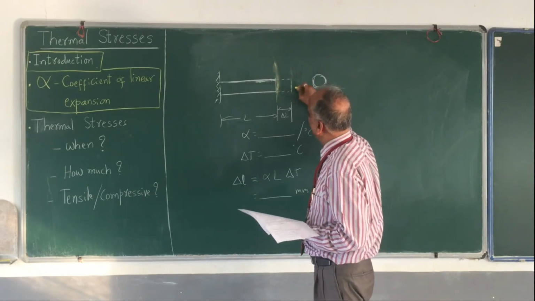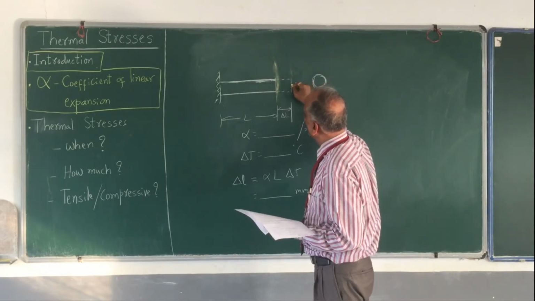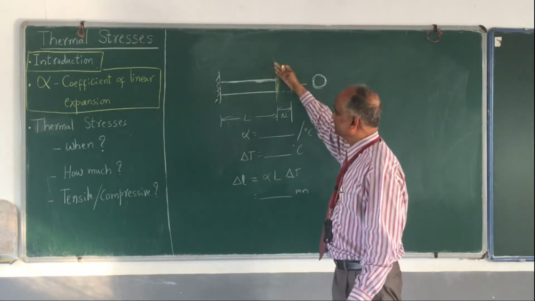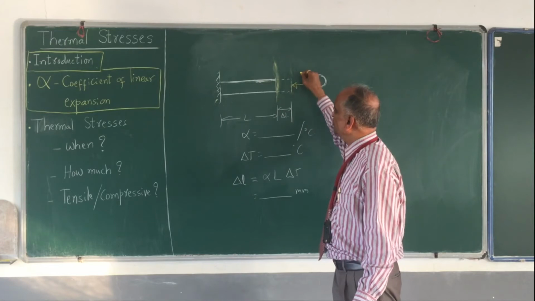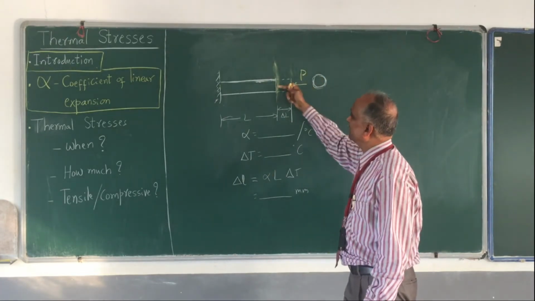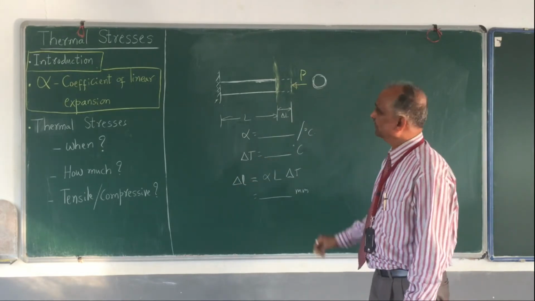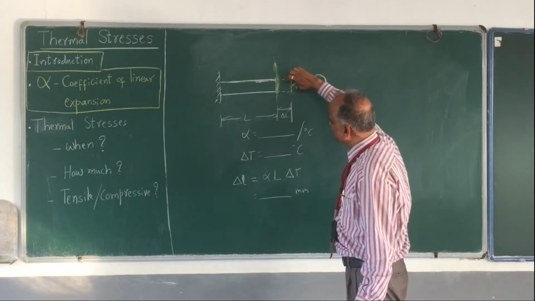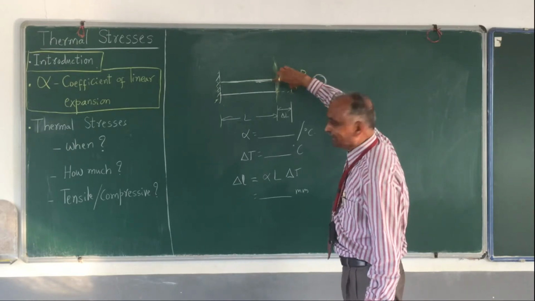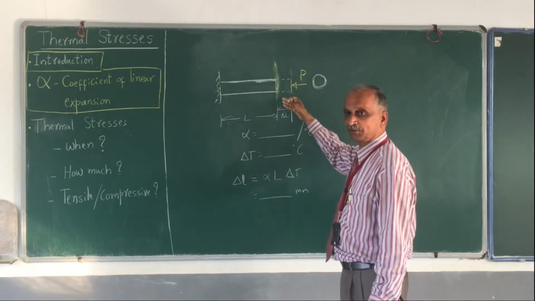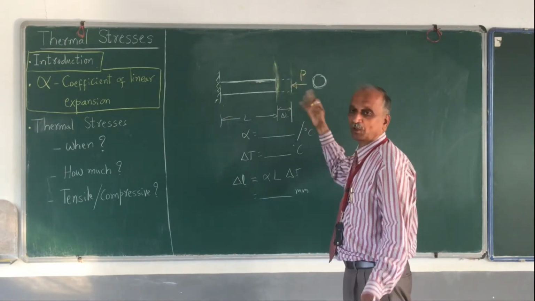It is as good as being subjected to a force. Since the wall is not allowing the length to increase, it is as good as applying a force. This force P is responsible for contracting so much. What kind of stress is it subjected to? The stress is compressive stress.